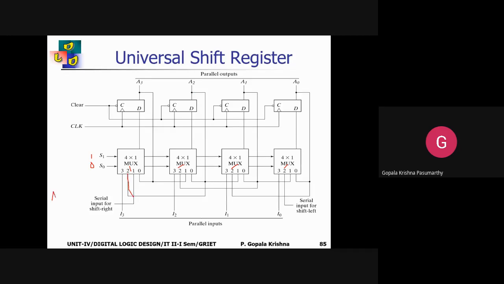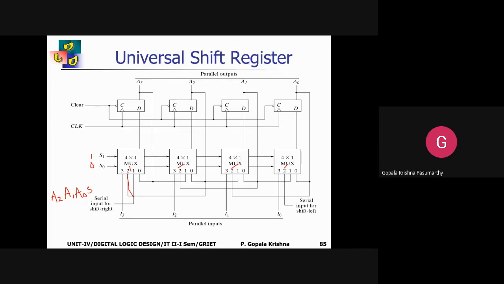The next second input is coming from A1, then the next from A0, and the last second input is coming from the serial input.